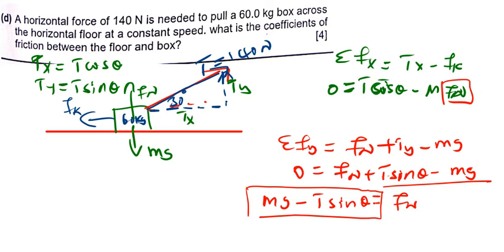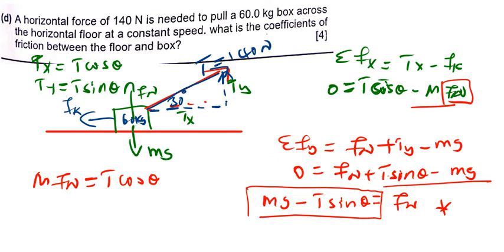Or what you can do, you can leave it there first, then get it from here: if you shift everything to the other side, mu times Fn is equal to T cos theta.